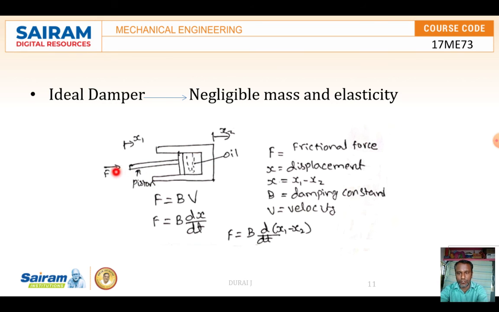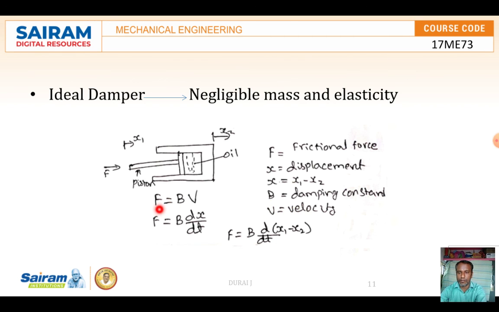The force acts on the piston and it moves, so the distance caused from here is x1, and the distance from here is x2. Okay, so the formula is F is equal to Bv. Before that, the notation: F is the force, x is the displacement, x is equal to x1 minus x2, B is the damping constant, v is the velocity.